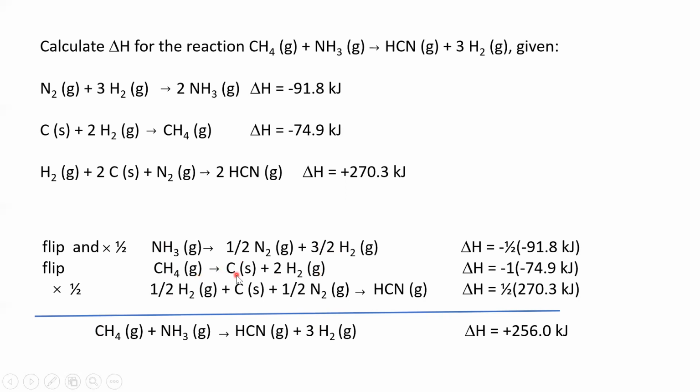And the carbon on the product side and the carbon on the reactant side cancels out, so it doesn't end up in the overall reaction. We get HCN, and we already looked at the H2. So adding these reactions up does in fact give us the reaction that we're looking for. So we just add up these energies and that'll give us the overall energy that we're looking for.